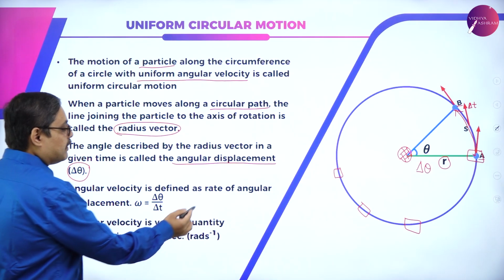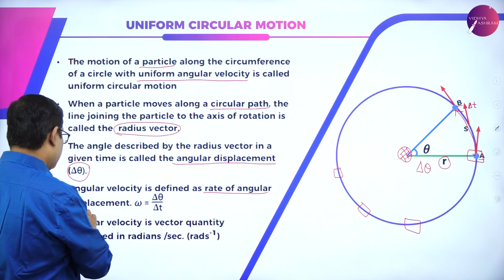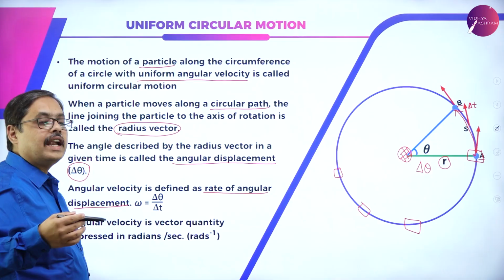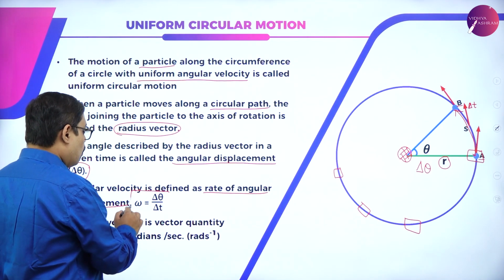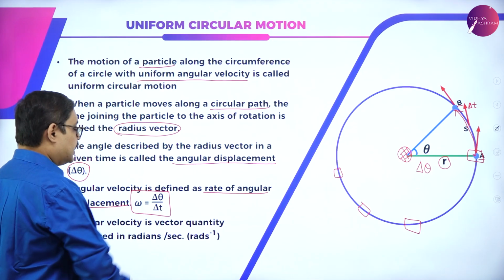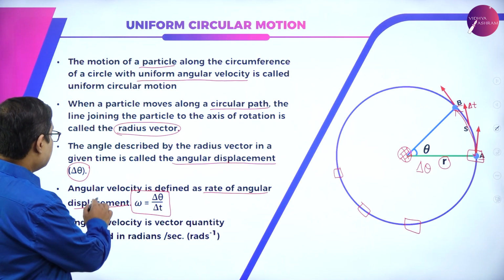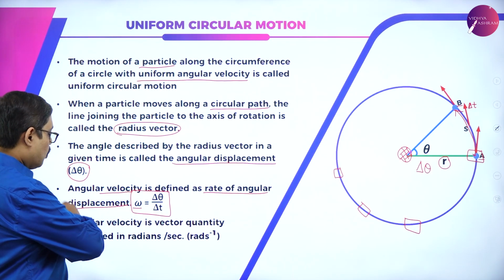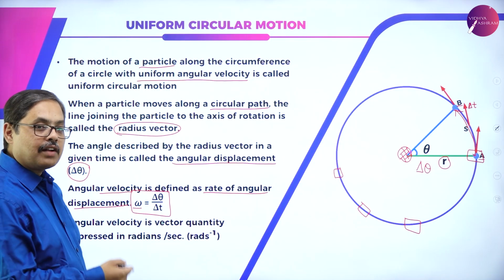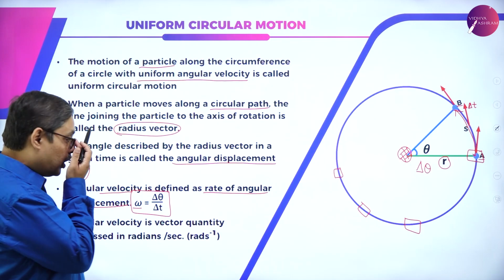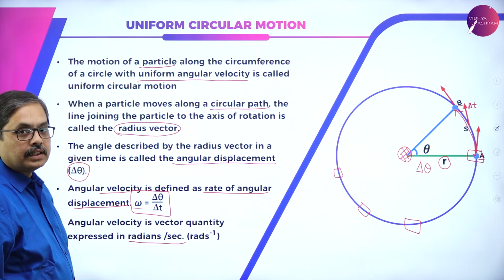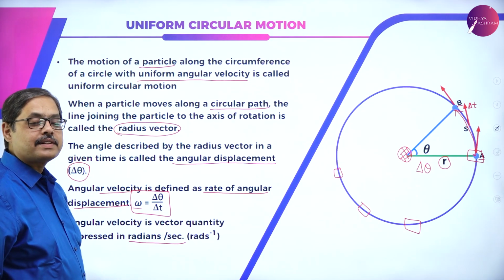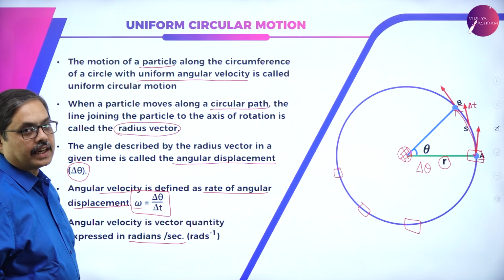Angular velocity is defined as the rate of change of angular displacement, or rate of angular displacement with respect to time, which is omega is equal to delta theta by delta t. So your angular velocity is given by omega. This angular velocity is definitely a vector quantity. It is expressed in radians per second. Okay, so omega is represented in radians per second.